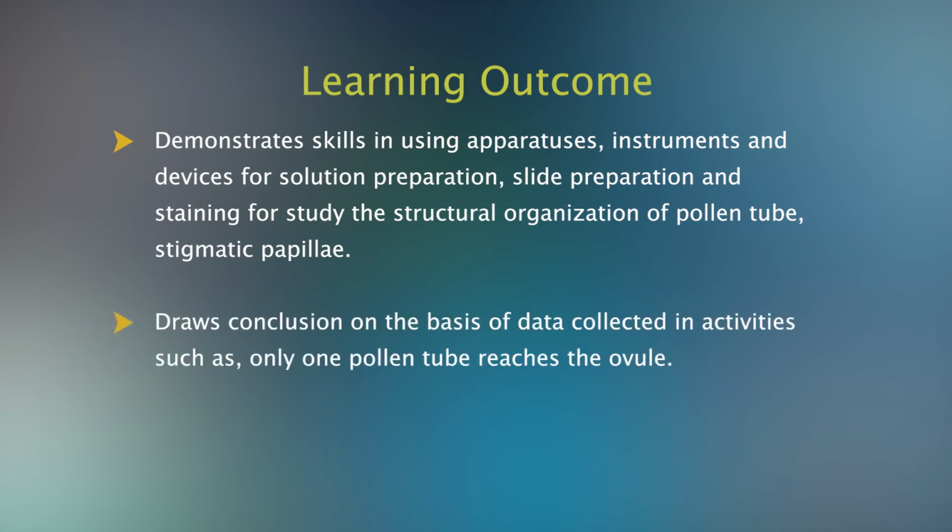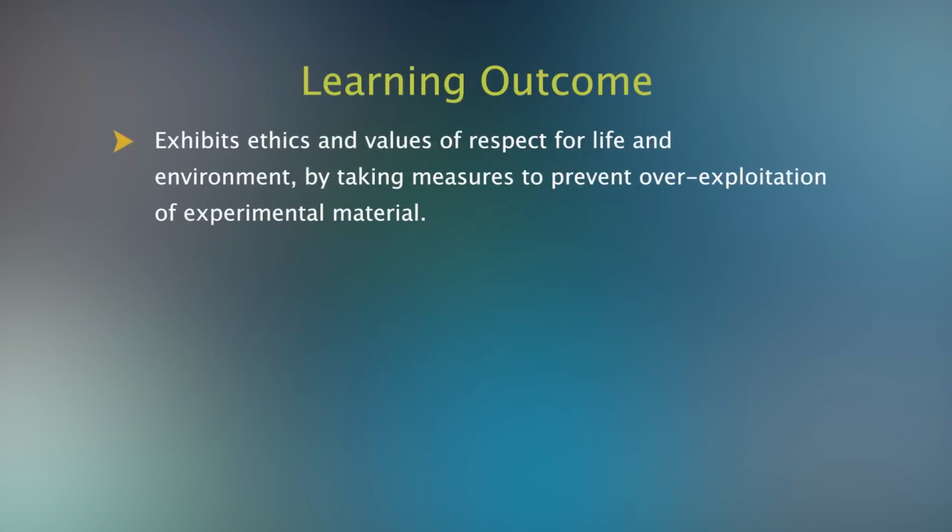Draws conclusion on the basis of data collected in activities such as only one pollen tube reaches the ovule. Exhibits ethics and values of respect for life and environment by taking measures to prevent over exploitation of experimental material.